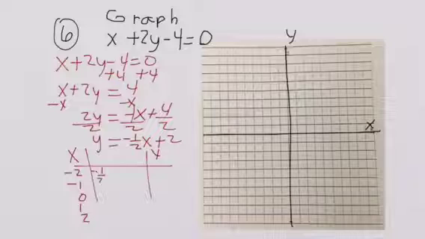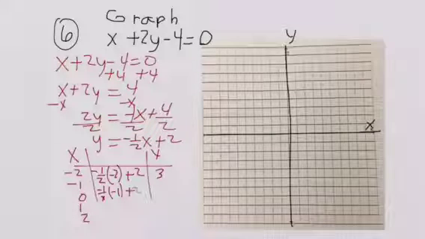It's going to be negative 1/2 times negative 2 plus 2. So negative 1/2 times negative 2 is going to be a positive 1 plus 2 is going to give us a 3. Negative 1/2 times negative 1 plus 2 is going to give us a positive 2.5. Negative 1/2 times 0 plus 2 is going to give us our 2.